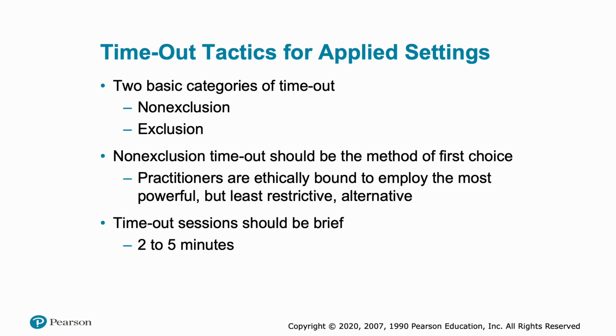Most people, when they implement timeout, they implement it for much longer, and it's implemented in a different way. Maybe the reinforcers are not being withheld properly. They're not making sure that there's a reduction in the future frequency of the behavior, so on and so forth. So we're going to go on to discuss how we can make sure that we are appropriately implementing these different types of timeout procedures.